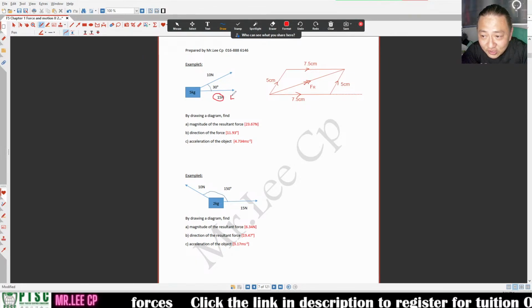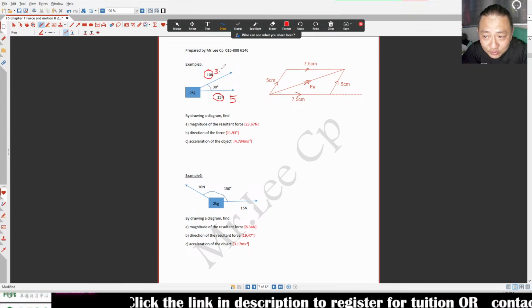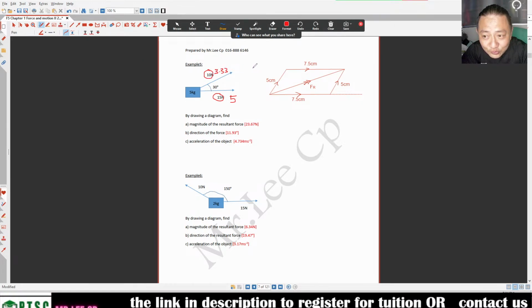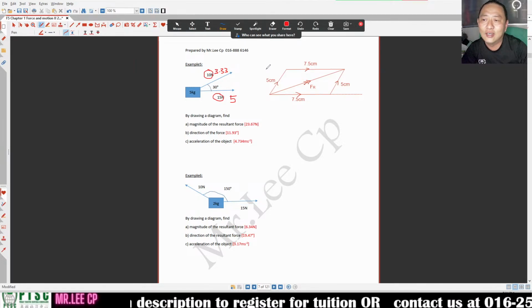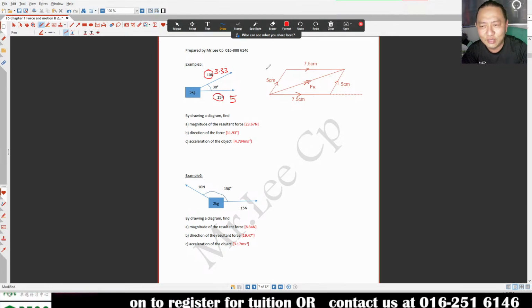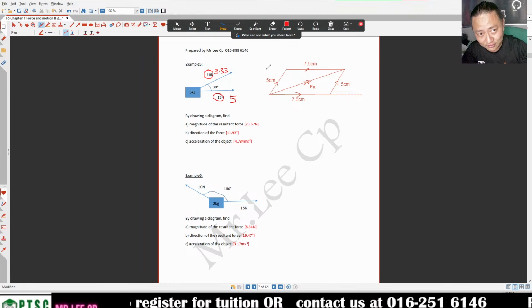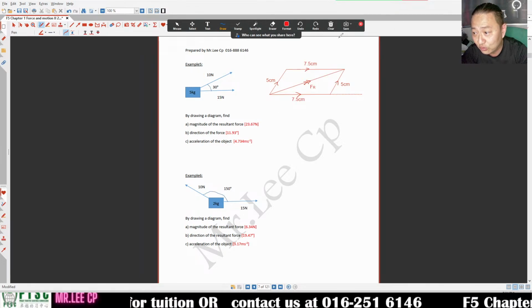Cikgu, this one divided by 3, okay or not? Yes. But you need to do 3.33. 10 divided by 3 is 3.3333, so hard to get. So normally we divide so that you get a round figure, or 0.5. It is easier for you to draw, right?